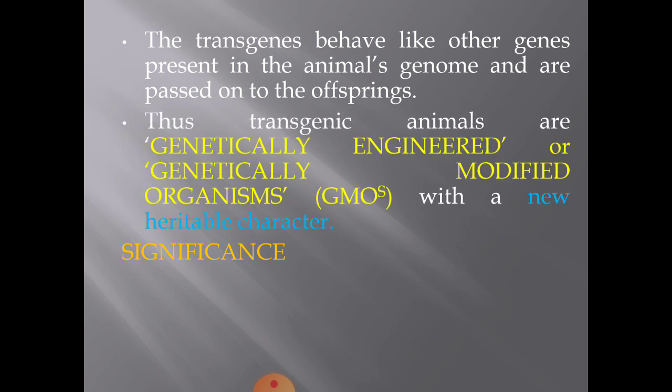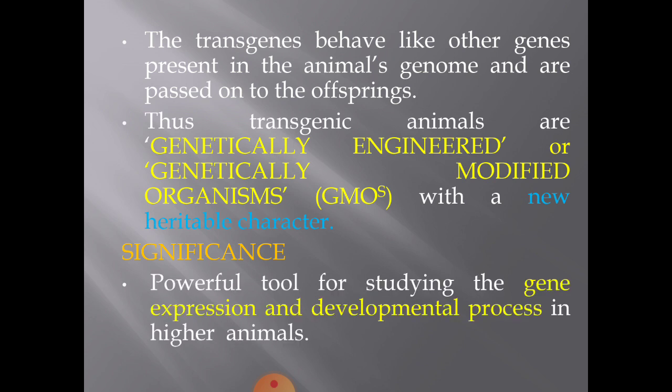Thus transgenic animals are genetically engineered or genetically modified organisms, GMOs. What is the speciality? They have new heritable characters incorporated into them. How did the new character come? By the gene which you have introduced. Okay. So this is what happens during the process of transgenesis.